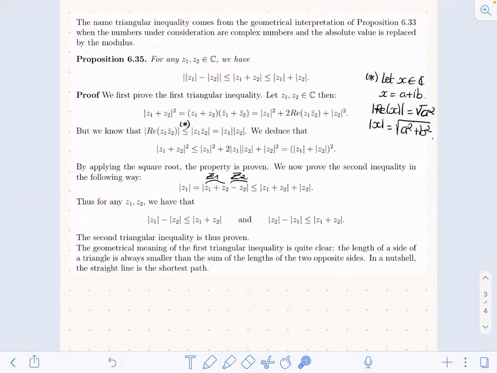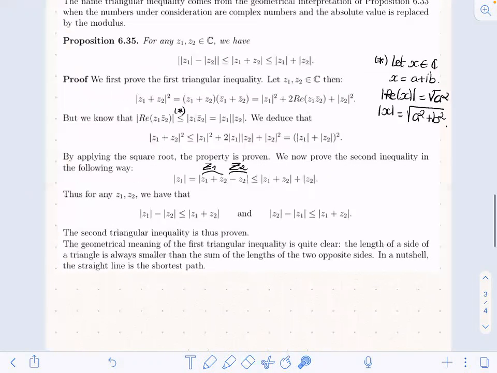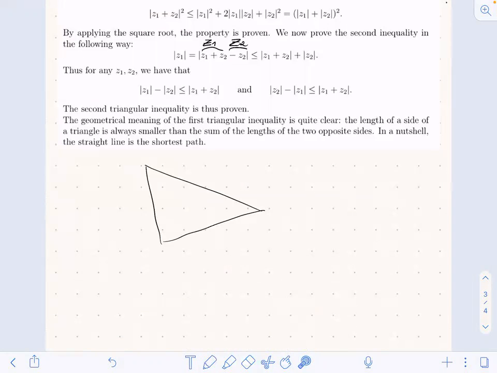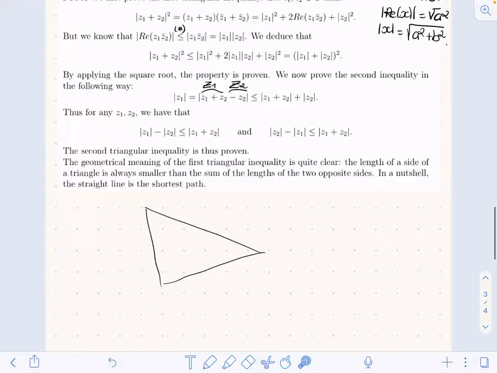So that's how you can prove it in the complex space, and as it works in the complex setting, then in particular it works on the real line, where the modulus becomes the absolute value. One thing that you can note is that the first triangular inequality, so this one, has quite a clear geometrical interpretation. Basically, if you take a triangle and you look at the longest side, the length of this side is always shorter than that plus that.